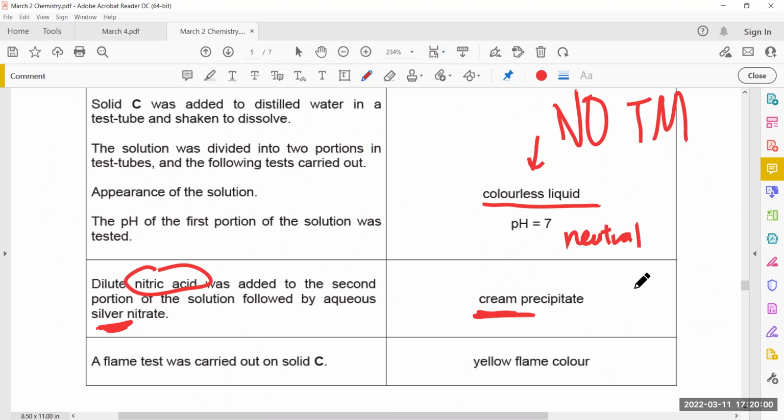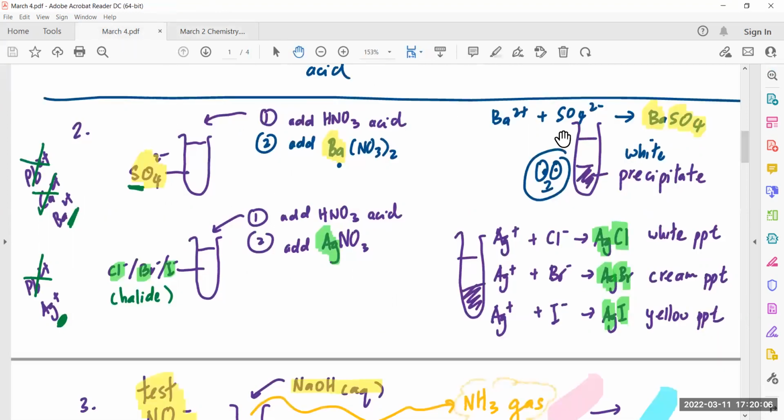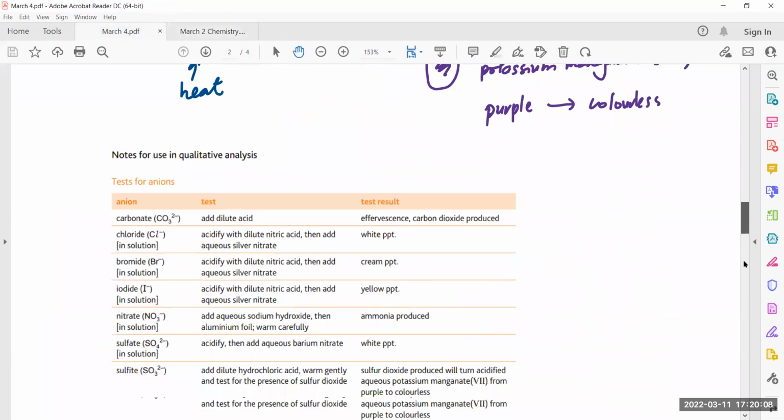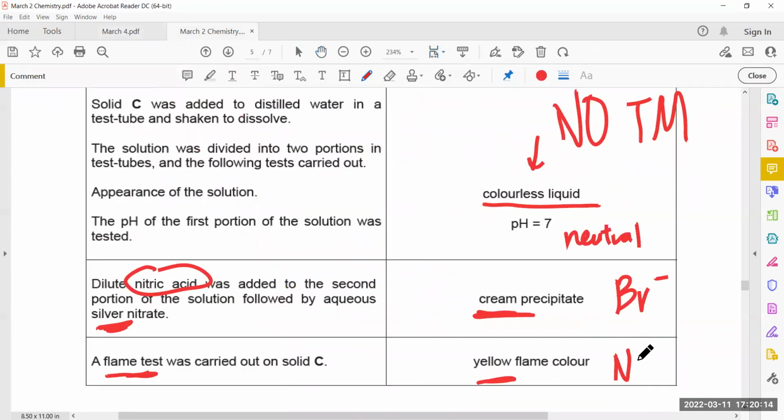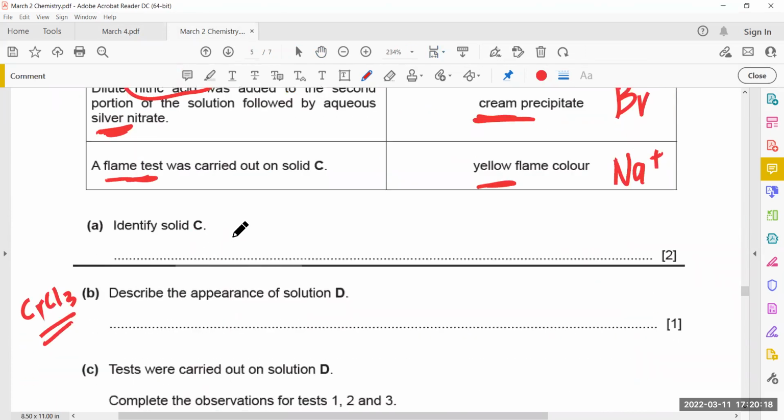Cream. Bromide. A flame test, yellow flame. Yellow is sodium. So the answer is sodium bromide. Identify solid C: sodium bromide.